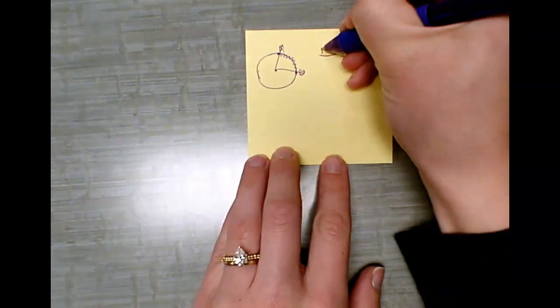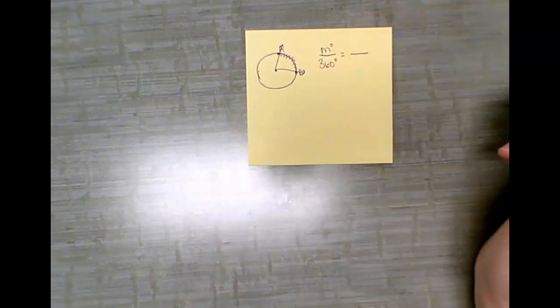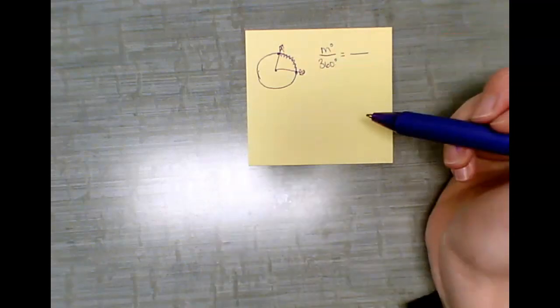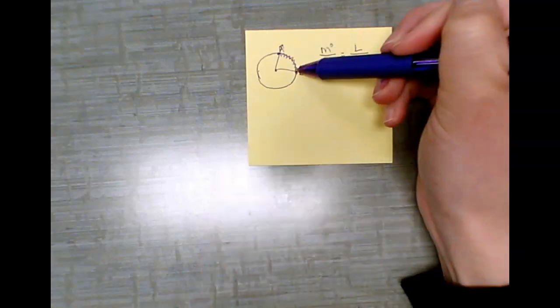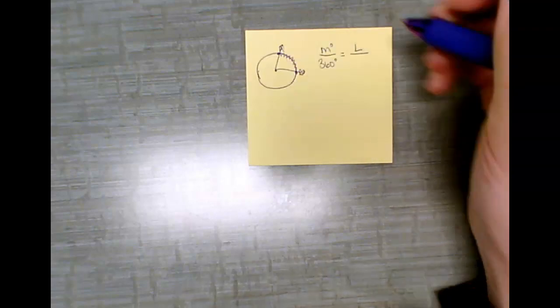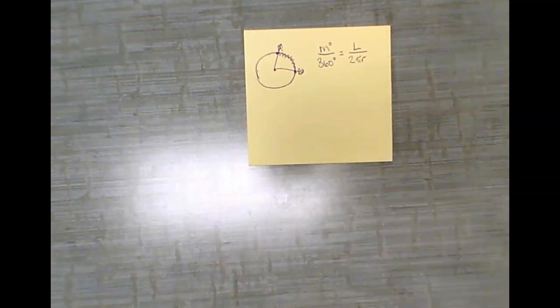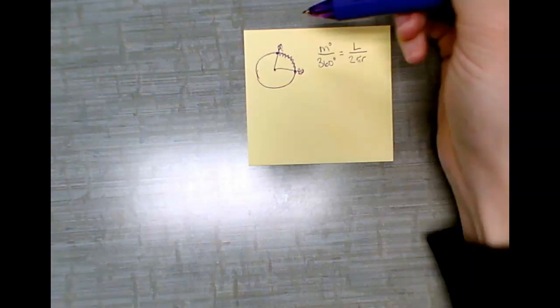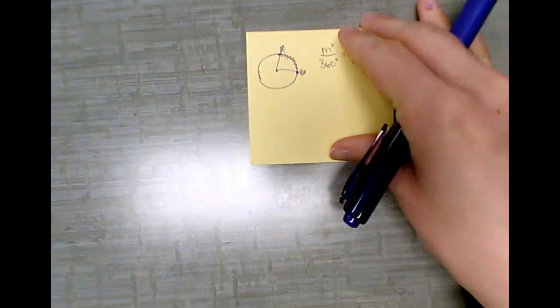So we have the arc measure over the entire measure of the circle in degrees, and we set that equal to the arc length over the entire length of the circle in units. And the length all the way around the circle in units is the circumference, 2 pi r. And so we were able to create a proportion and find that arc length, so that distance from point A to point B around the circle.